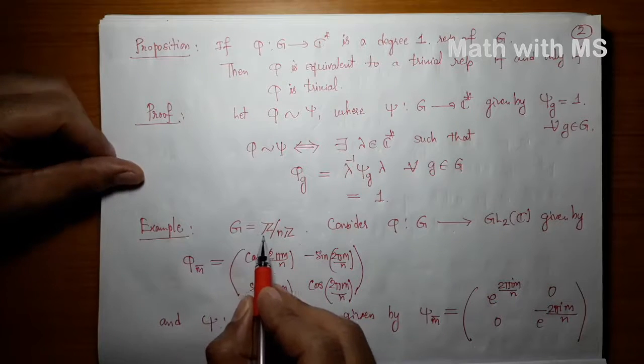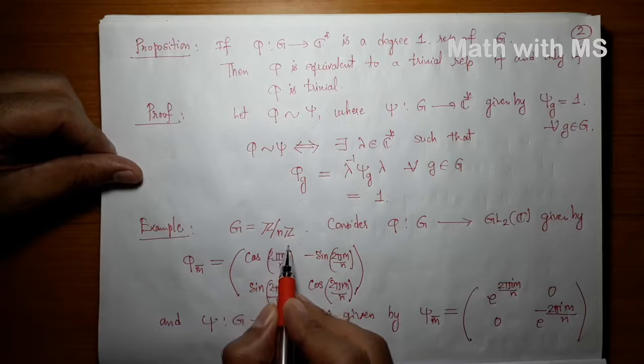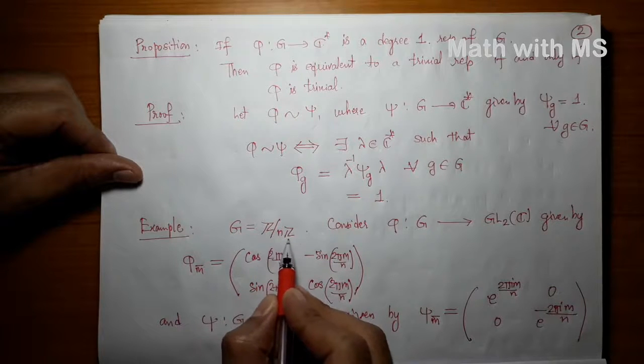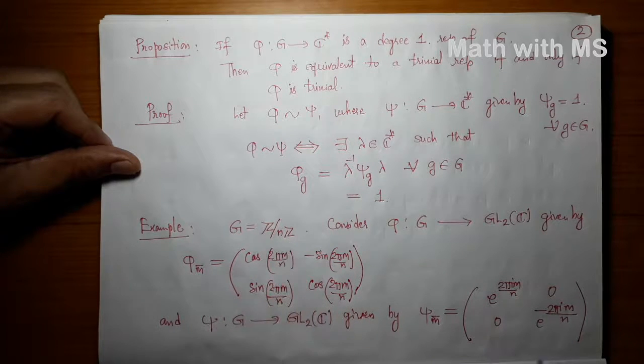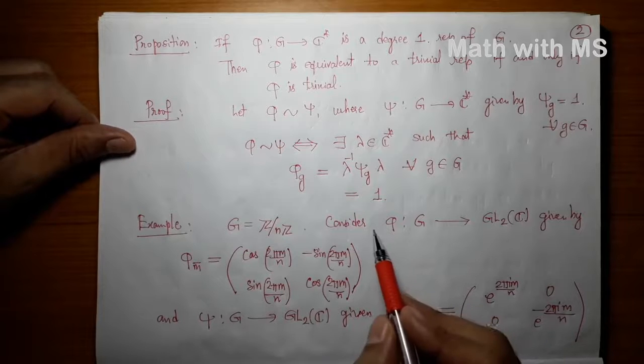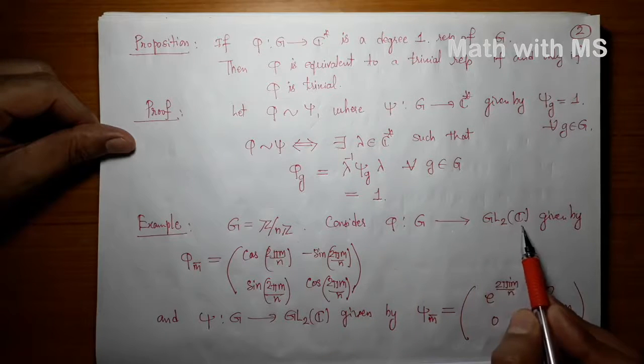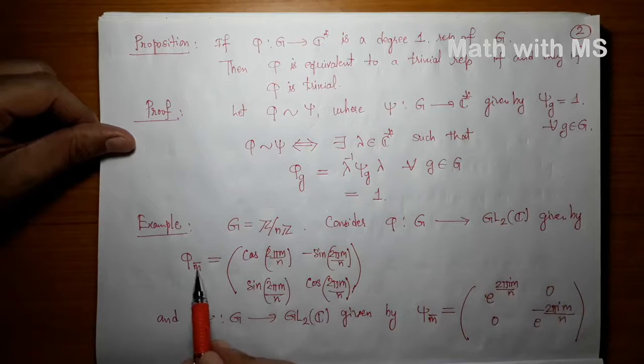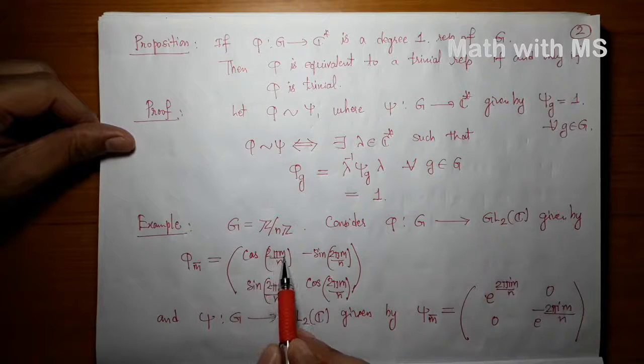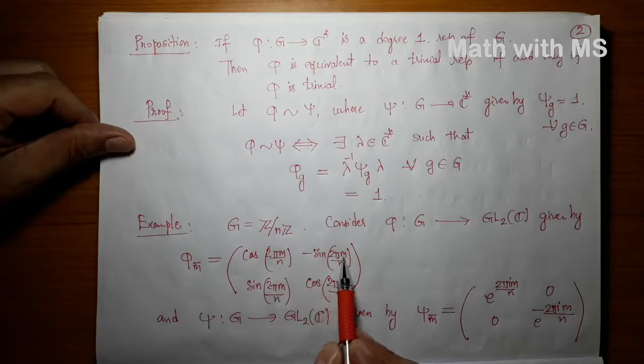Take G to be the cyclic group of order n, viewed as the group of integers mod n, and take these two representations. Phi from G to GL2(C) is given by phi of m bar equal to the matrix cosine 2 pi m by n, minus sine 2 pi m by n, sine 2 pi m by n, cosine 2 pi m by n, which is just rotation on the plane.